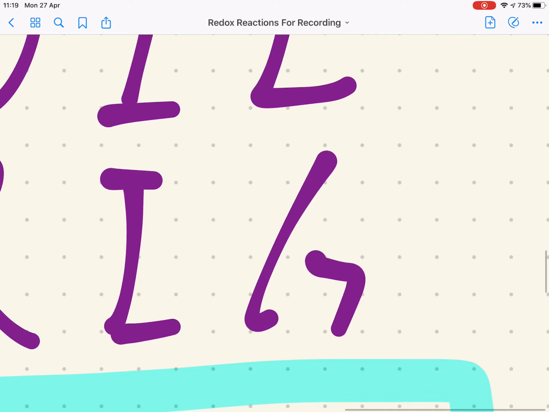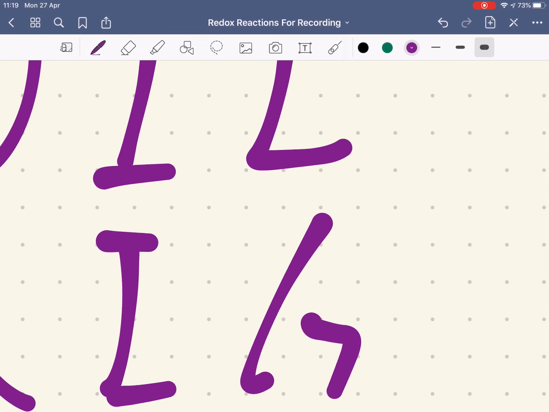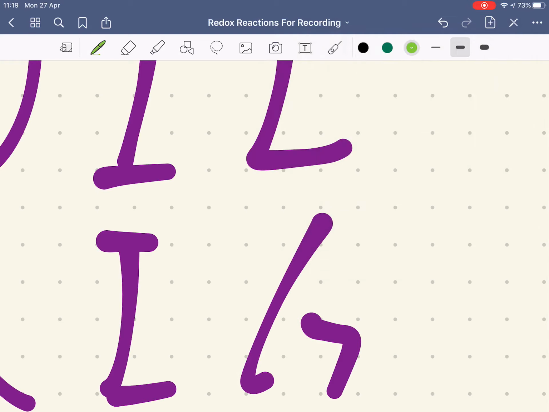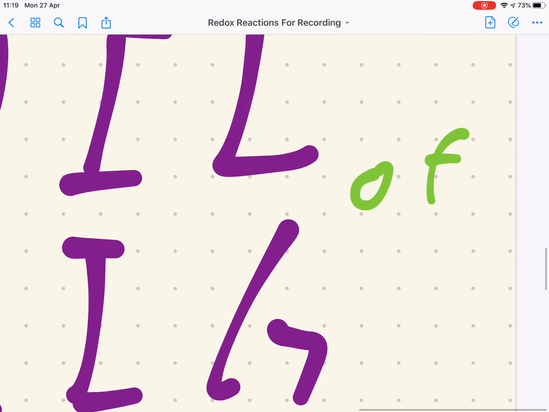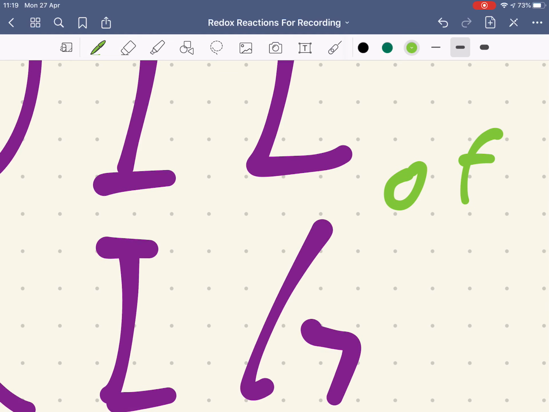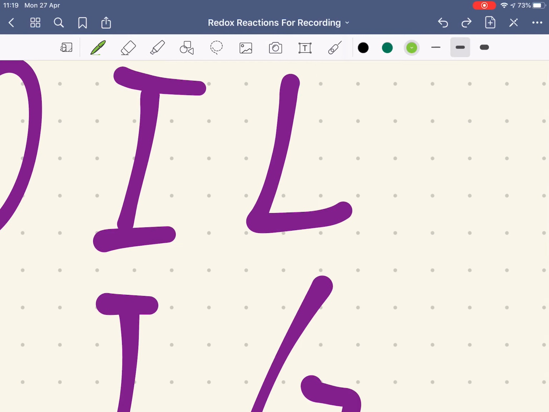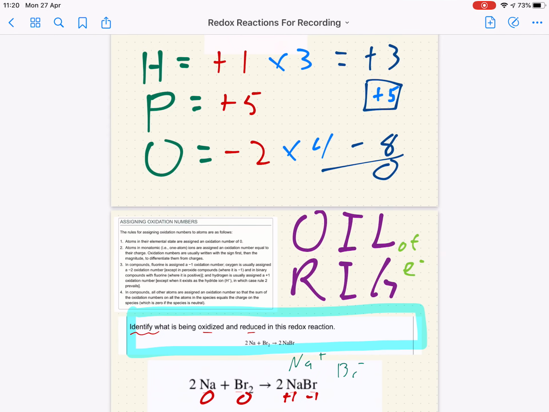I'm going to put a little note in here: oxidation is loss of electrons.